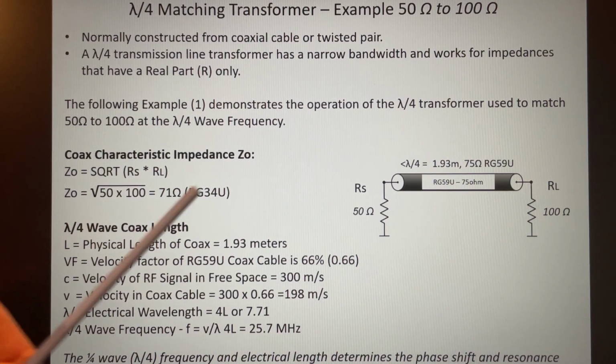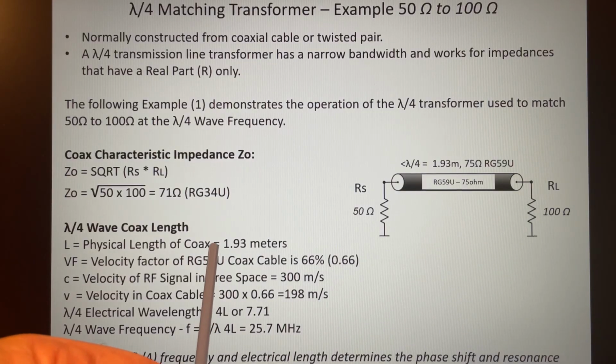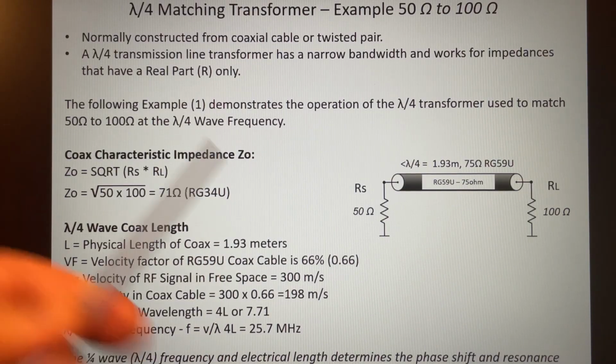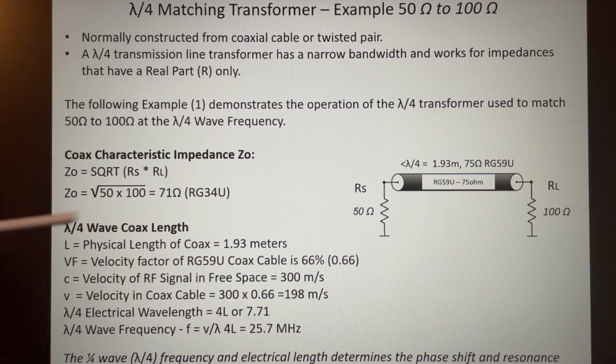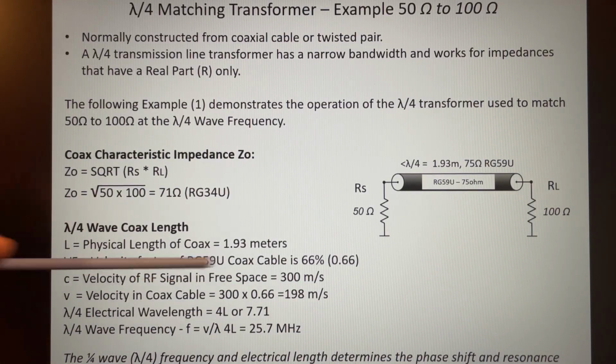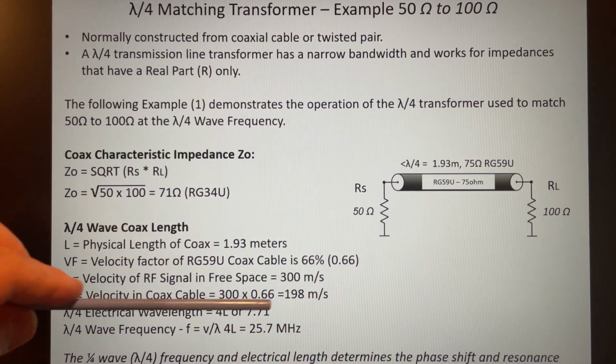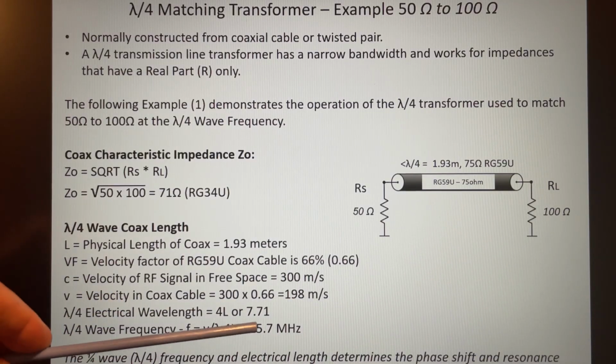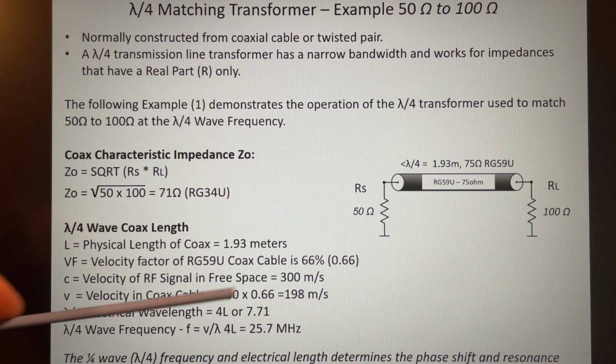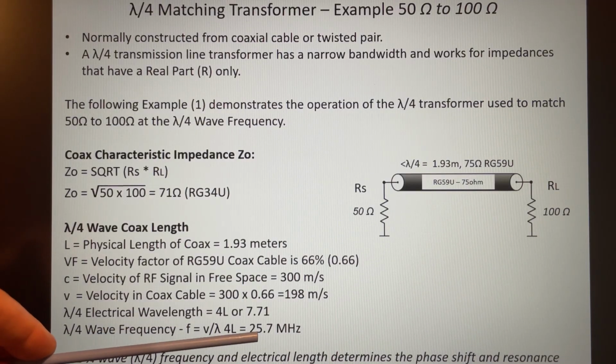So now I'm going to be using a length of coax that's 1.93 meters, velocity factor 66, and again, here's the velocity factor in free space. Here it is in the cable, 300 times 0.66, and there's basically 4L, and then my wavelength, which is 25.7 megahertz.